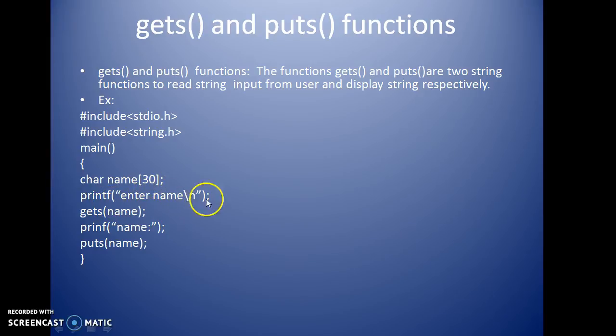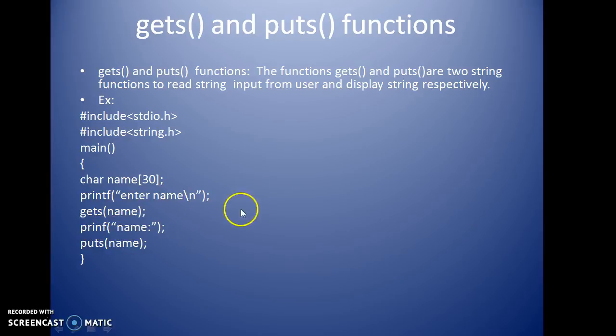Printf, enter name. The message is displayed by using the printf statement, whereas gets name, so gets is the function used for reading the name from the keyboard. You are getting the name from the keyboard. After reading the name from the keyboard, we have to print it.